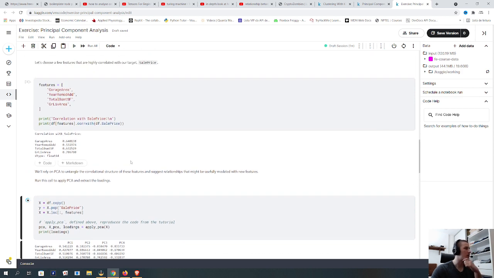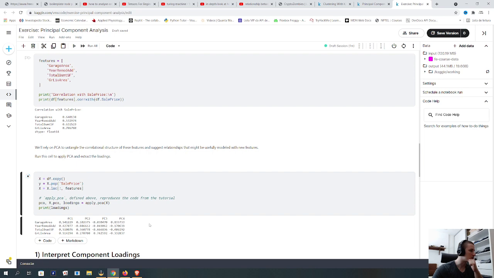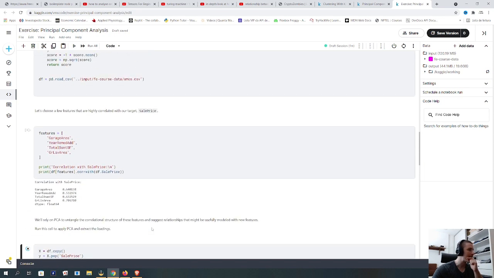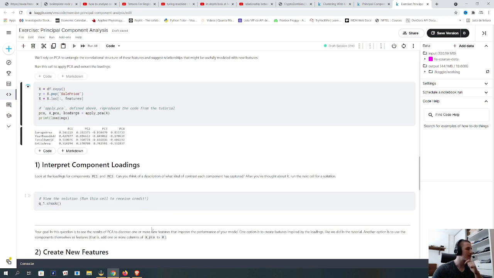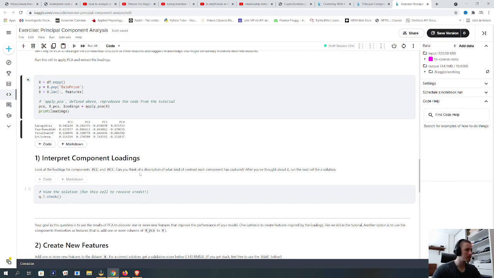I don't really understand this though. What's the difference between each of them? After we thought about it, run the next cell for a solution.